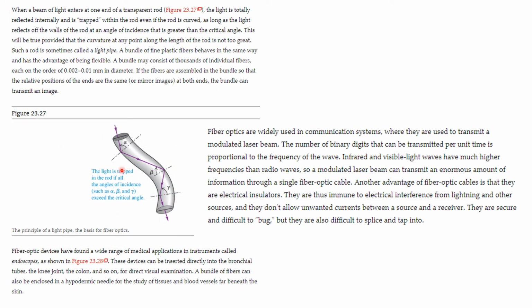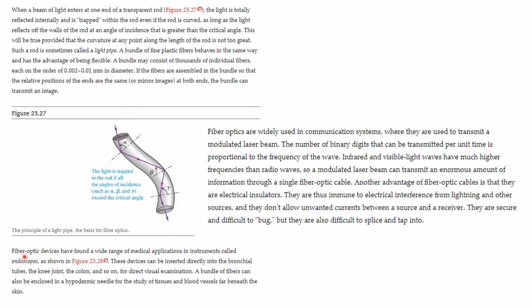Now, there are applications that take advantage of this, and one of them involves glass tubes. If you design it such that these angles are always such that the light is totally reflected, you'll send a light ray in here, it's totally reflected, and it keeps getting totally reflected, so it's totally contained in here.